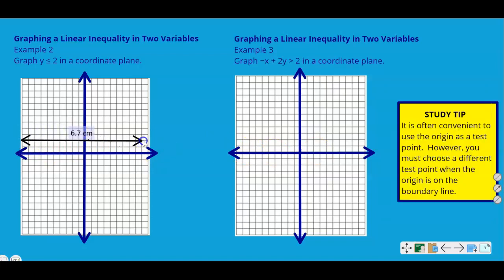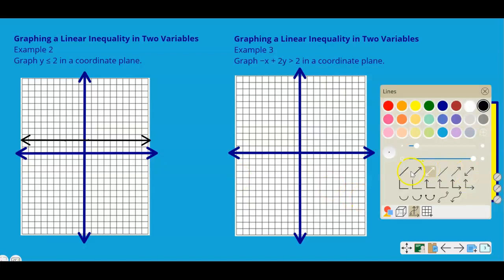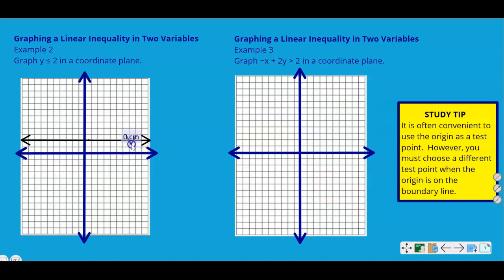We are going to have a solid line, and we know that because this is less than or equal to. We're also going to have the shaded region facing down. So everything facing down is going to be included in the shaded region.